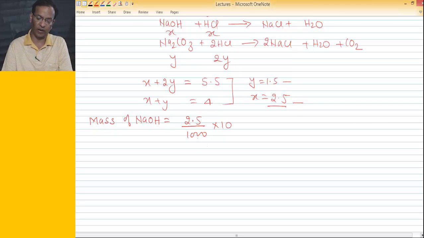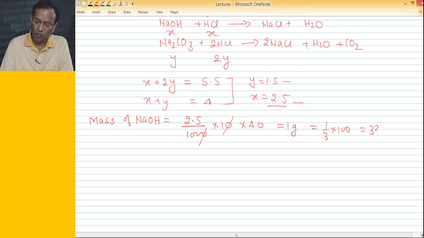So in 100 ml it will be 10 times, into 40. So it is 1 gram. So it will be 1 by 3 into 100, 33.33%.